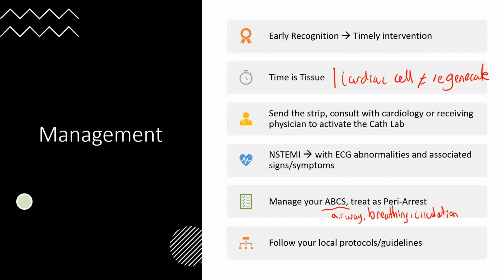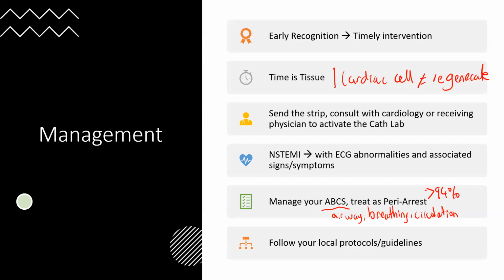Breathing, again, make sure they're getting adequate oxygenation. You want to keep oxygenation above 94, but you don't want to over oxygenate, because you can actually cause a detriment if it's too much oxygen, as it has been known to cause vasoconstriction and worsen ischemia. So make sure it's above 94.